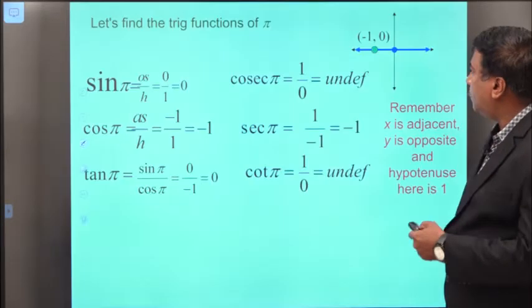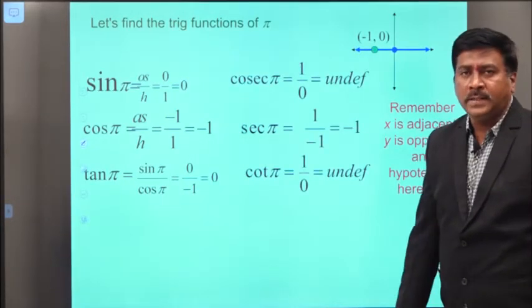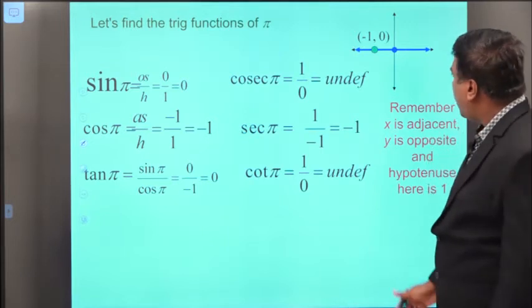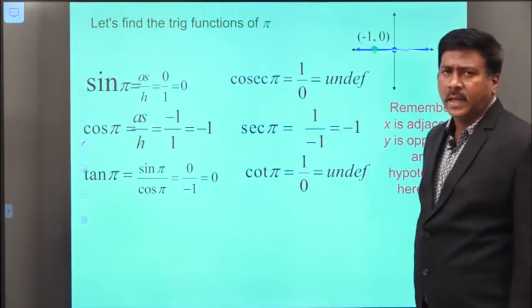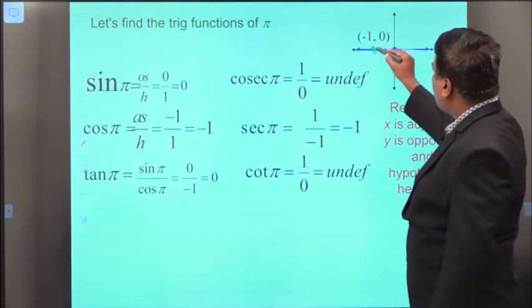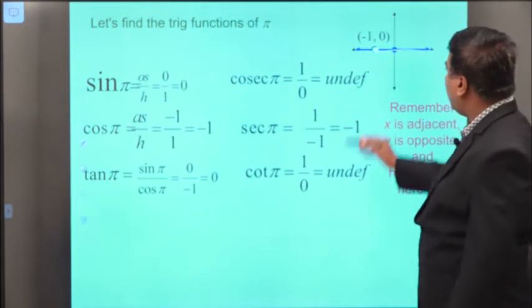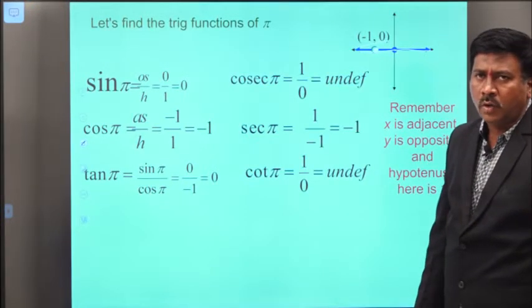Now, at pi, how do we find the values for sin pi, cos pi and tan pi? By drawing, this is the positive x-axis and this is the negative x-axis. Here I assume the point lies on the negative side of the x-axis, so the y coordinate value is equal to 0.